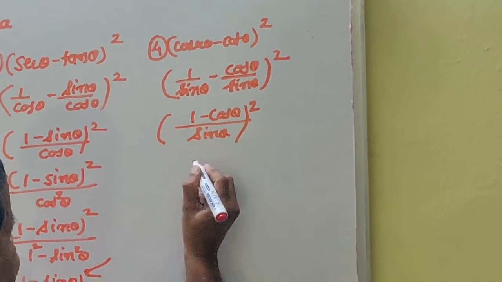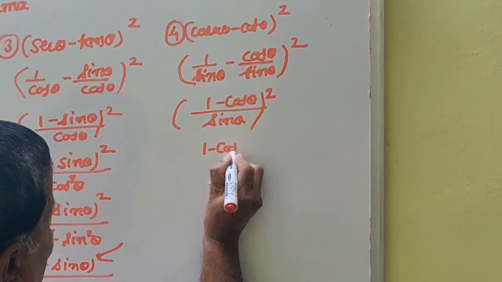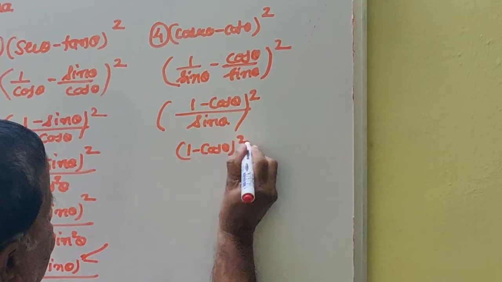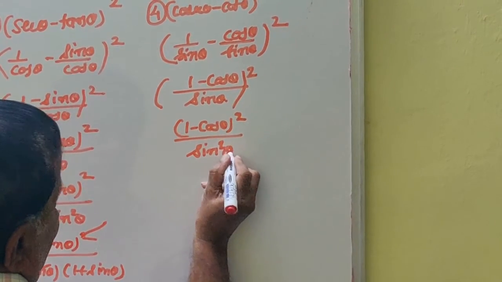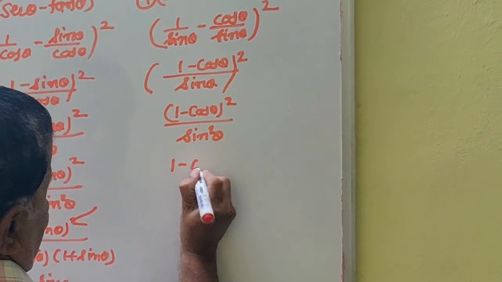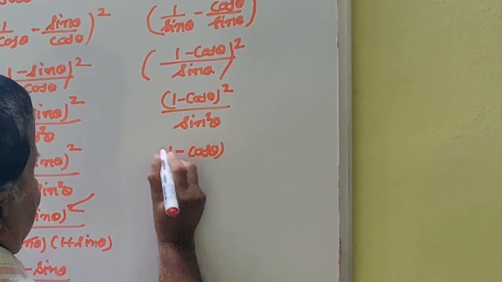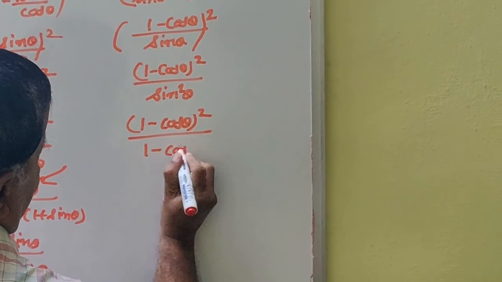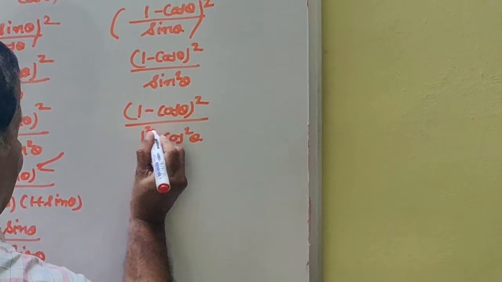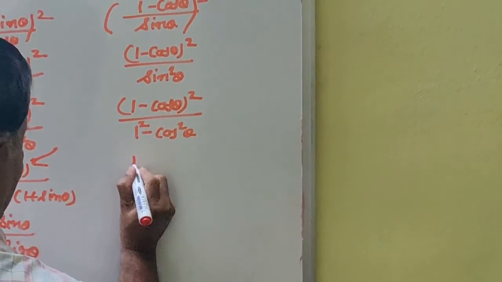Now I can separate the square of numerator and denominator. What will come in the denominator is sin square theta. You already know that sin square theta can be written as 1 minus cos square theta. Again I will apply a square minus b square.